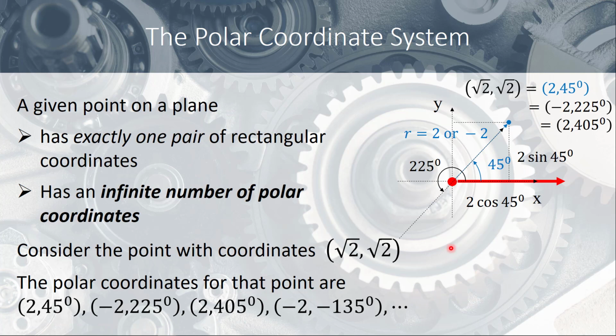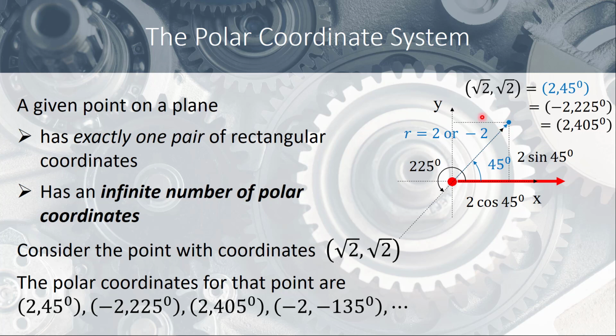Now we know that in the Cartesian coordinate system, there is a one-to-one mapping between a coordinate and a point on the plane. Every single point will have one and only one coordinate associated with it. That does not occur in the polar coordinate system. Every single point can have an infinite number of coordinates associated with it.